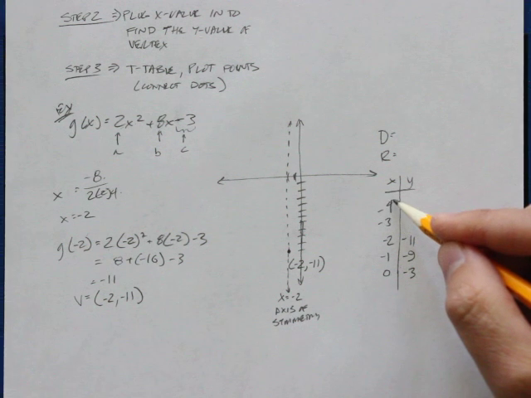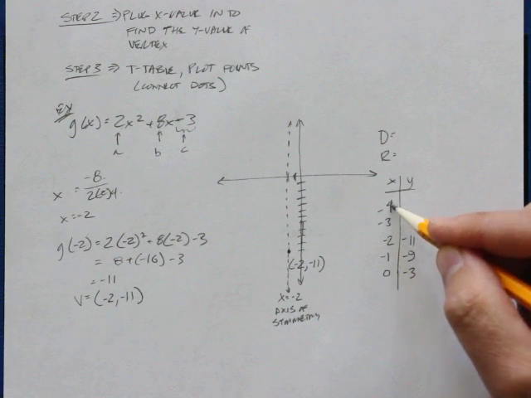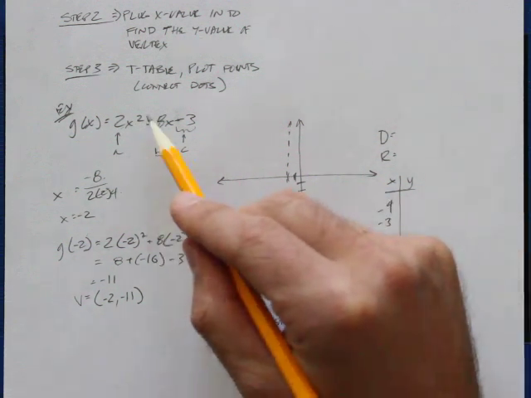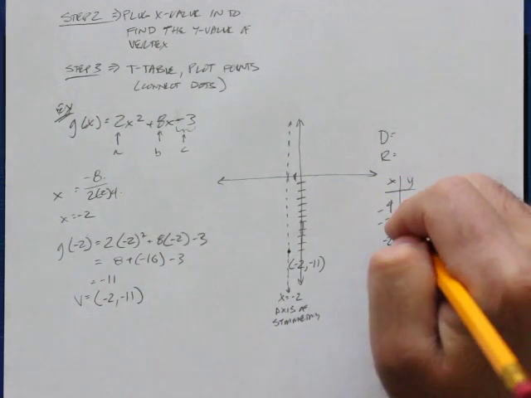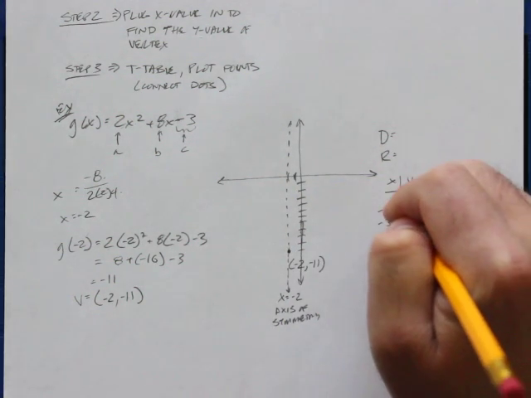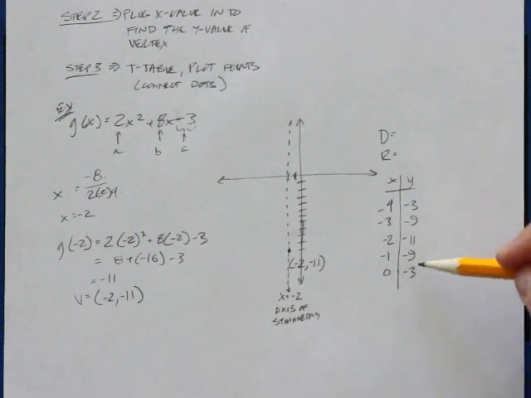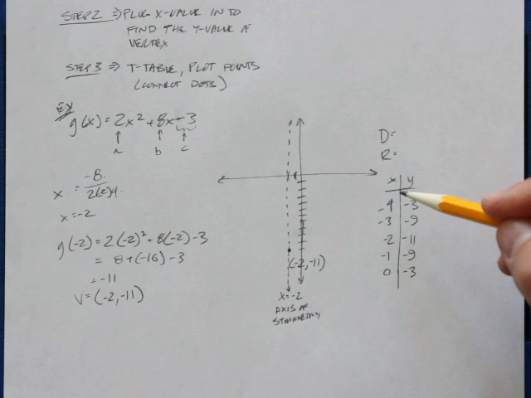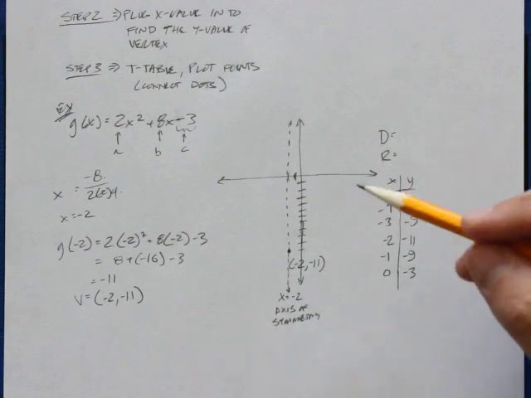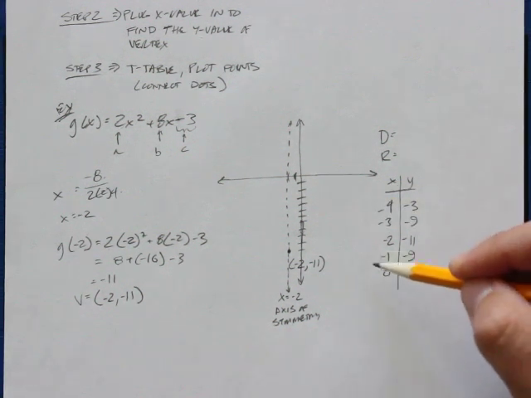Now, I'm also going to plug in the negative 3 and the negative 4. And if I were to do all of that work, you would find that I get a negative 9 here and a negative 3 here. And you can see the symmetry here, hopefully, on the x and the y values. So now I'm going to plot these points.